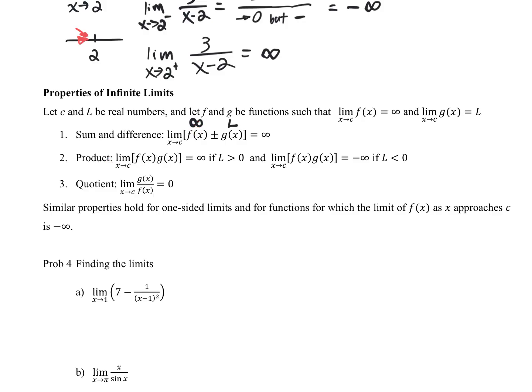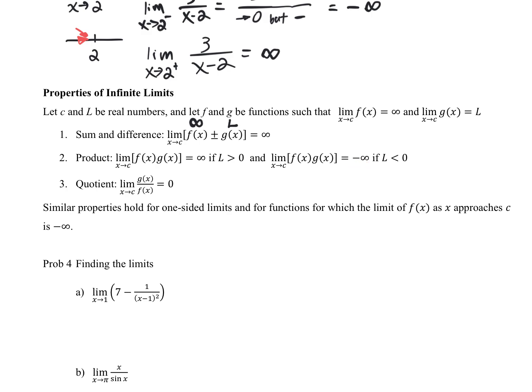For the products, if L is positive, like the limit of g is positive and the limit of f is infinity, then the result will be positive infinity. If L is negative, in other words the limit of g is negative and this is infinity, the result will be negative infinity.